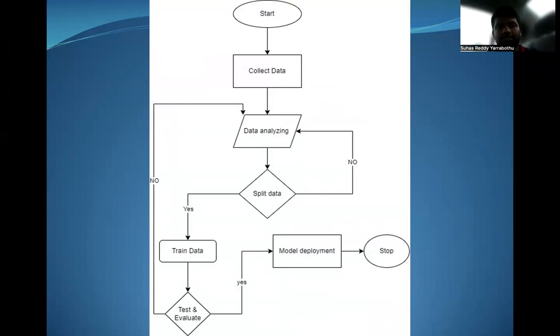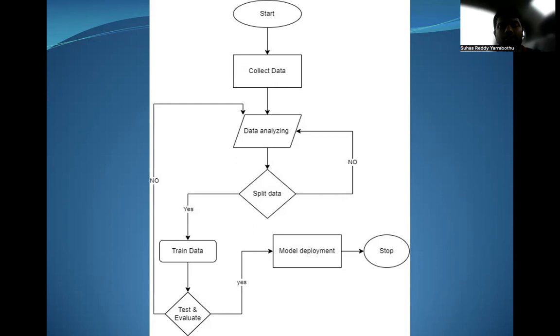So this is the normal image processing, how the image processing will go on. Once we have started, first is collection of the data, and next is analyzing the data. After analyzing the data, it will go to split the data, and as my friend explained, into test and train data. If the data is not found, it will go back and collect the data, and every time it will loop on.